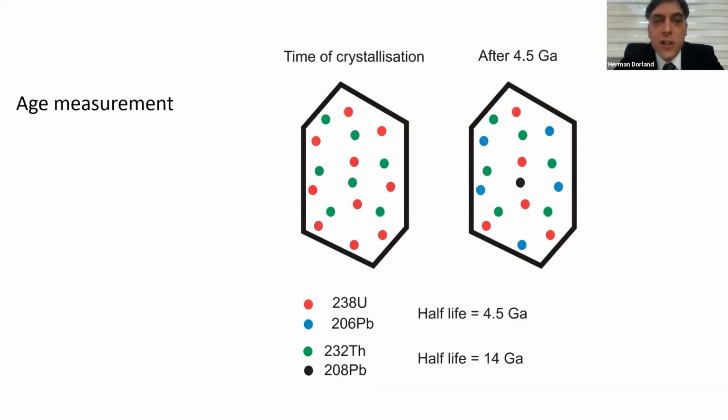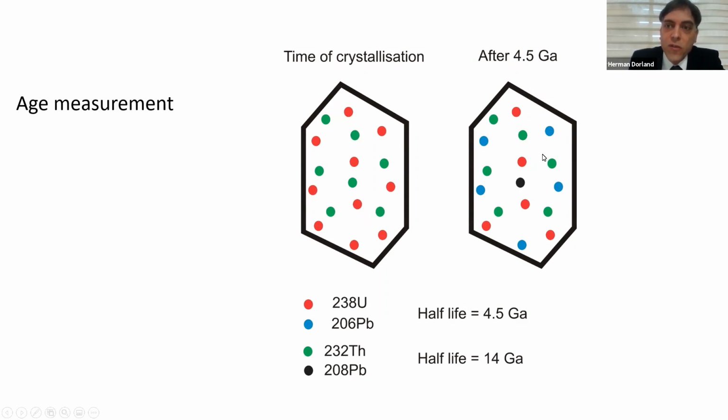This is just the explanation of how we do age measurements. On the left, we have a picture showing the parent radioactive elements being incorporated, say, into a zircon crystal. The red are the uranium-238, and the green is the thorium-232.